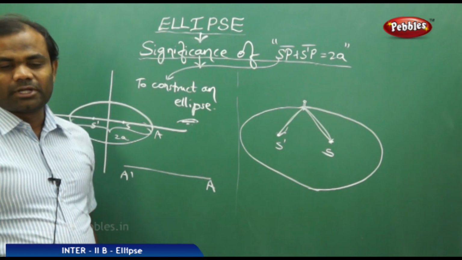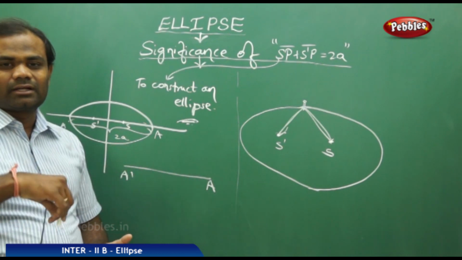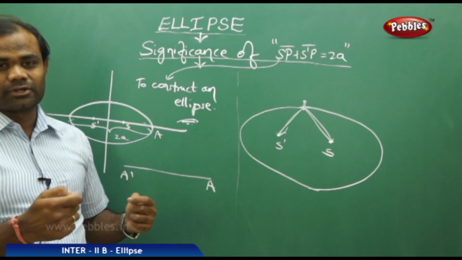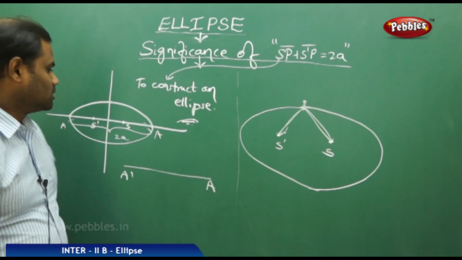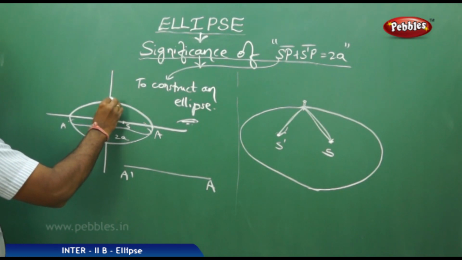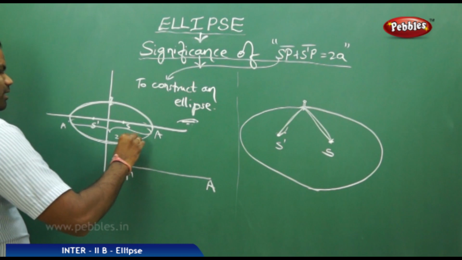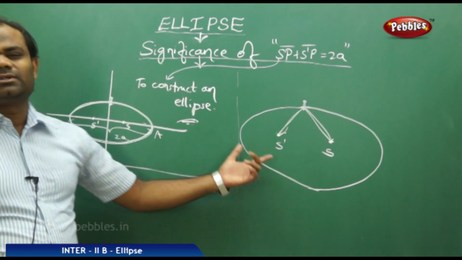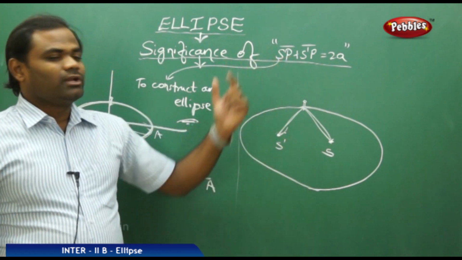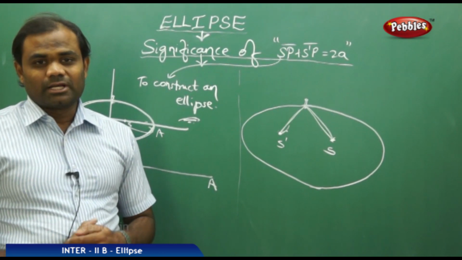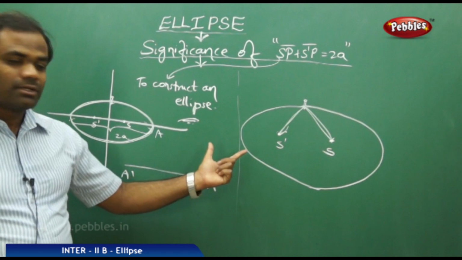So an ellipse is obtained when I draw it holding the string tight at all the corners. With this string, as I move, I get the exact shape of an ellipse, using the relation SP plus S dash P equal to 2A, which helps us in constructing an ellipse in this manner.